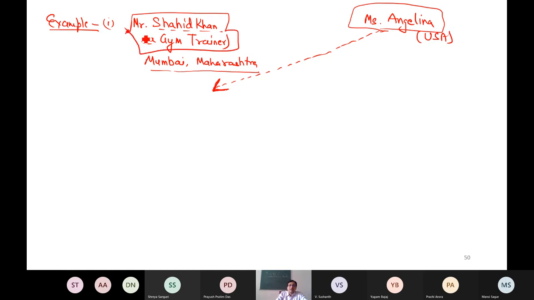When she is available with this supplier, then only I can say that my section 13 subsection 3 clause B is applicable. And in this case, my place of supply will be Mumbai, Maharashtra.